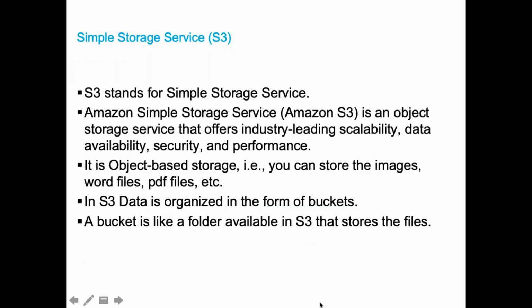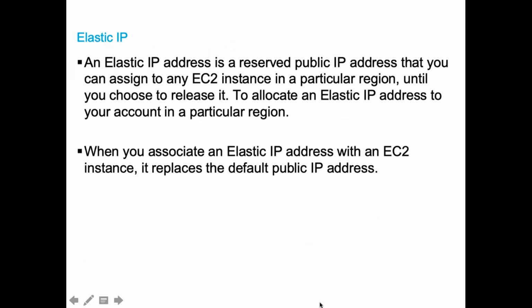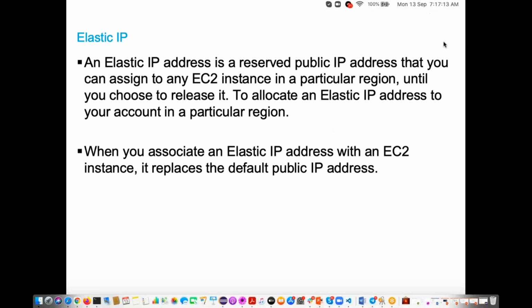So the last topic is elastic IP. Did you observe that if you restart the EC2 instance, the public IP address is going to change? Yes or no? It is very difficult now.